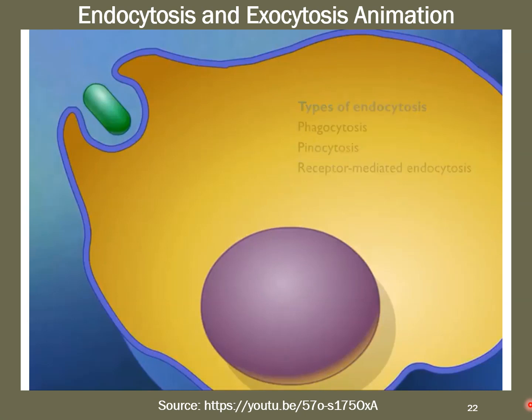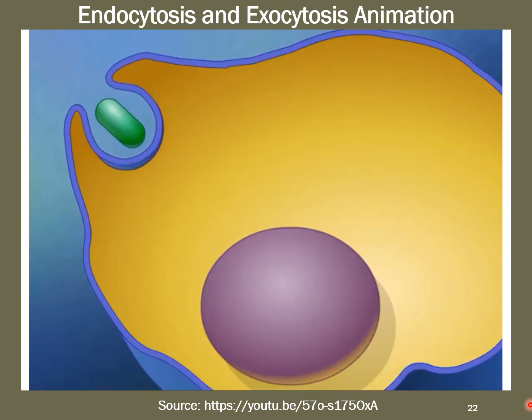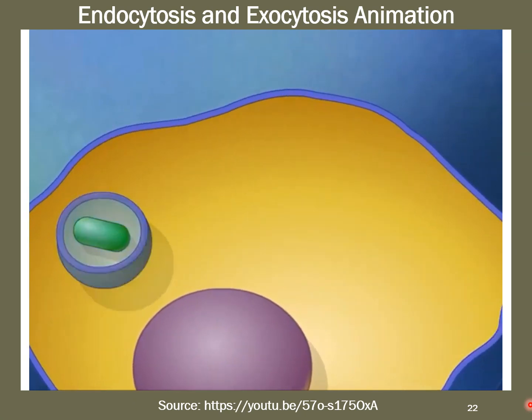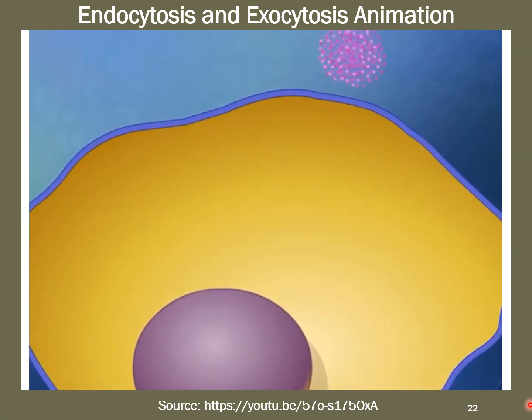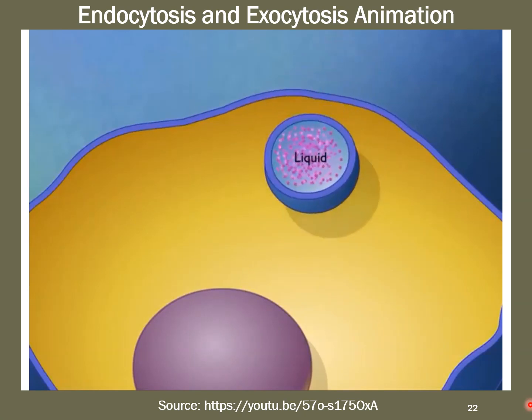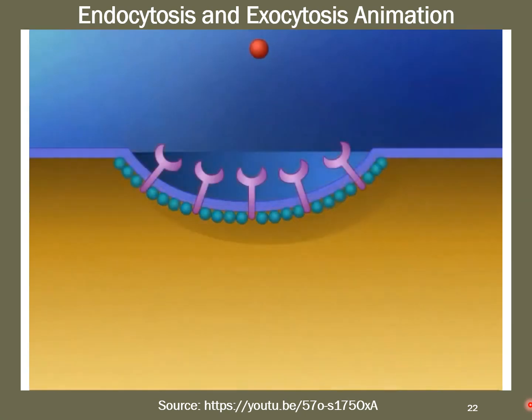If the material the cell takes in is particulate, such as a bacterium or a fragment of organic matter, the process is called phagocytosis. If the material is liquid, it is called pinocytosis.